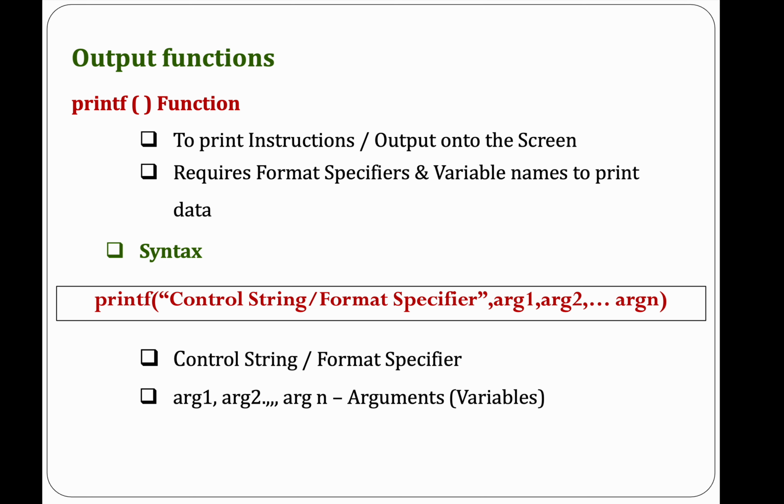The only difference is the ampersand symbol, which precedes the variable name or arguments in the scanf statement. Because the input I am passing has to be stored in some variable. We know the variable name, but it will be stored in the secondary storage devices, so we need the address. That's why we are using the ampersand symbol.